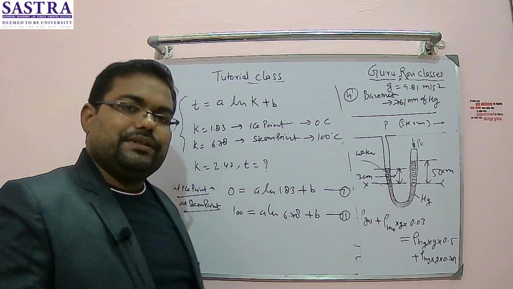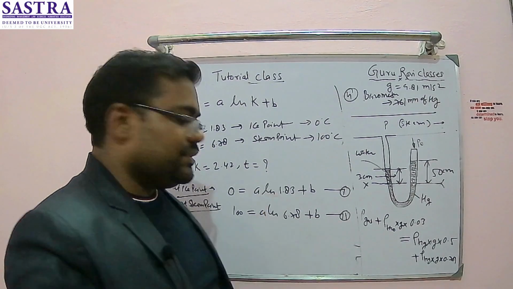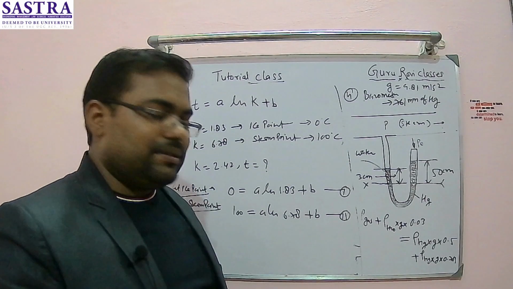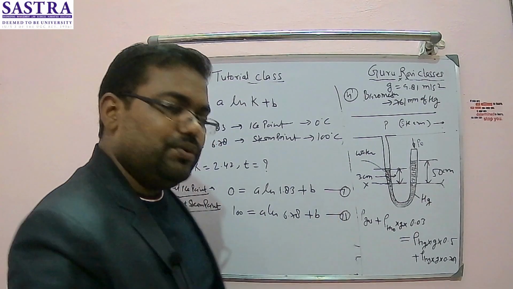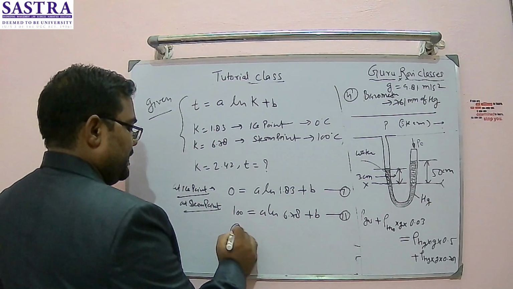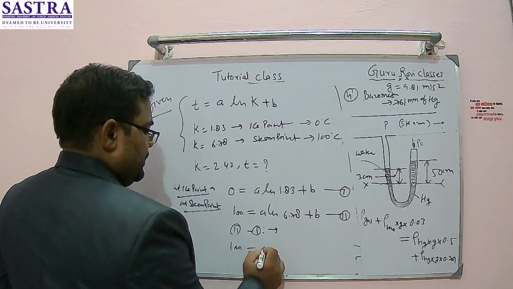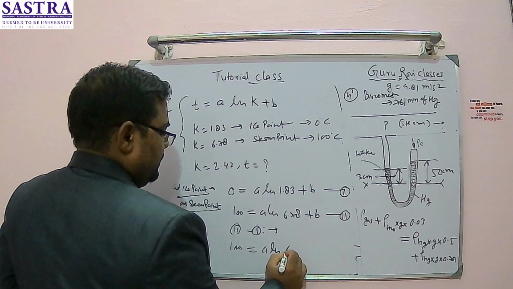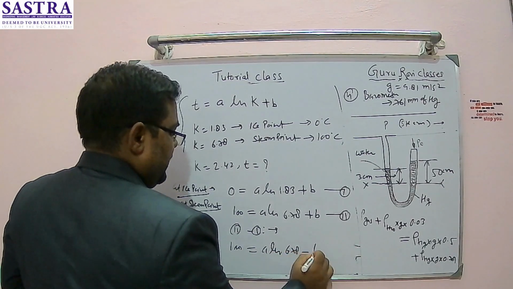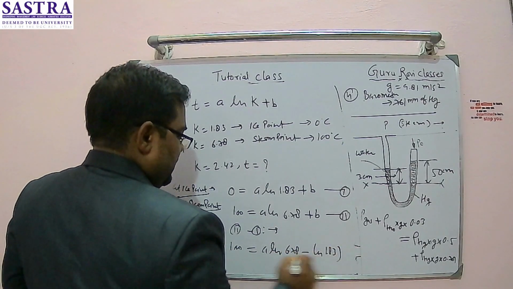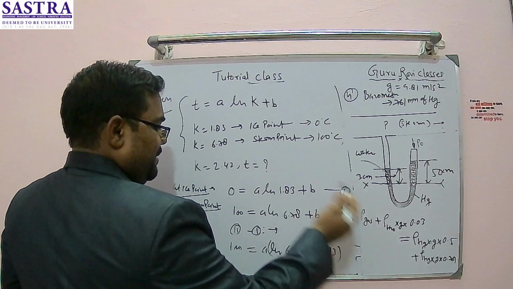I know these two equations. Now I will solve them to get the constants, so subtracting equation number 1 from 2. If I write 2 minus 1, I can say 100 is equal to A times the bracket of ln of 6.78 minus ln of 1.83, and B minus B is 0.